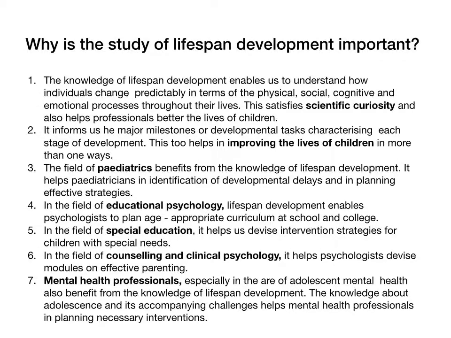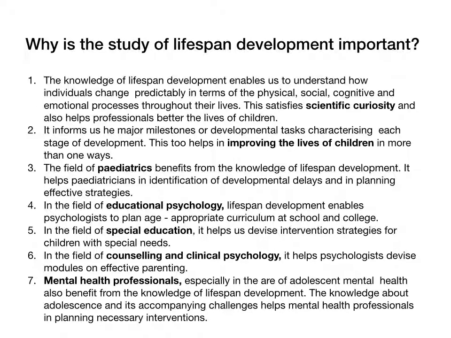Number two, it informs us about the major milestones or developmental tasks characterizing each stage of development. As we go further into the chapter, we'll understand the various stages of development, and each stage is characterized by specific developmental tasks or specific achievements.